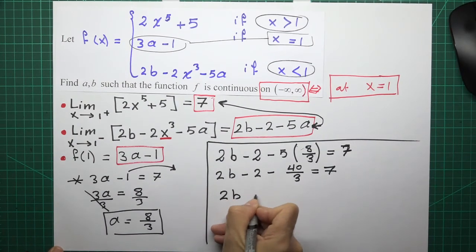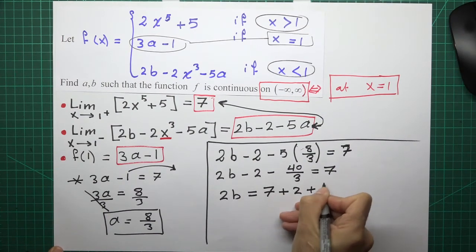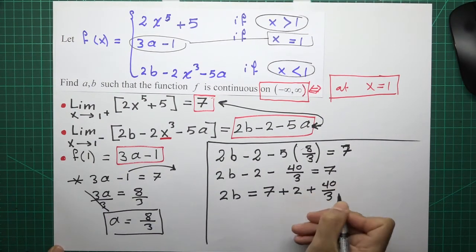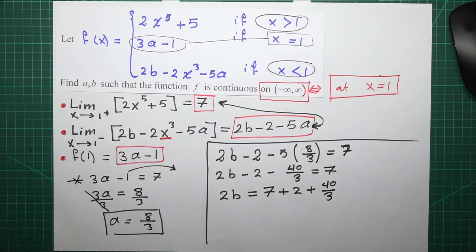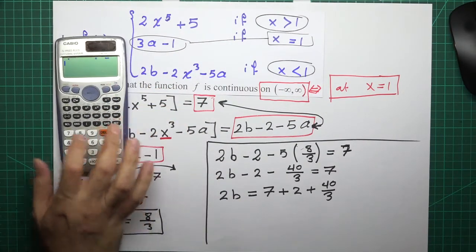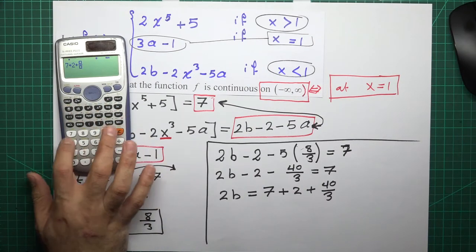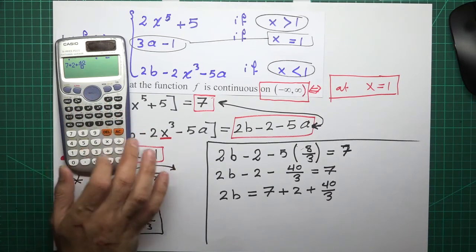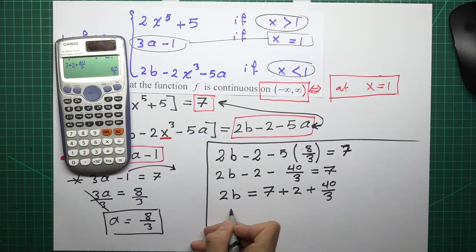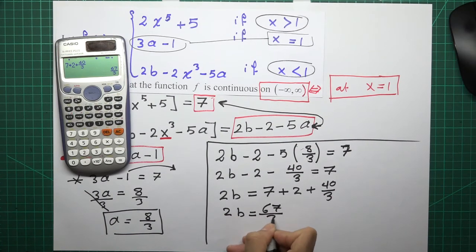Then 2b equals، راح نعمل فليب لل2 تصير بلس 2 ولل40 over 3. أنا أعلم بأنه في calculus معظم الجامعات calculators are permitted، and 7 plus 2 plus 40 over 3 equals 2b equals 67 over 3.